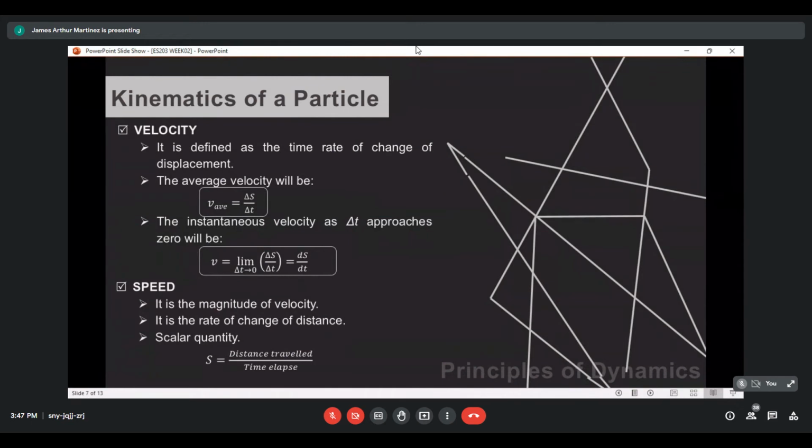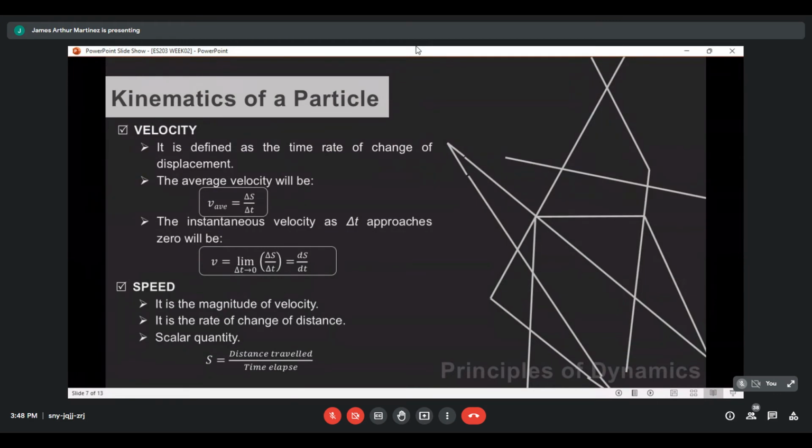So that's how you find average velocity. The basic formula for velocity can also be written as final position minus initial position divided by the time interval. So that is the basic formula for velocity.